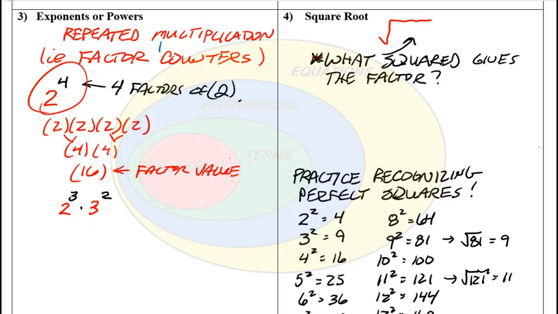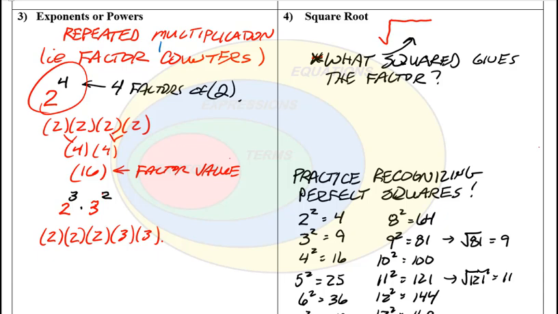Instead of having to write 3 factors of 2, which would be 2 times 2 times 2, and then 2 factors of 3 would be 3 times 3, we use exponents to make them a little more convenient. But either way, it doesn't matter.